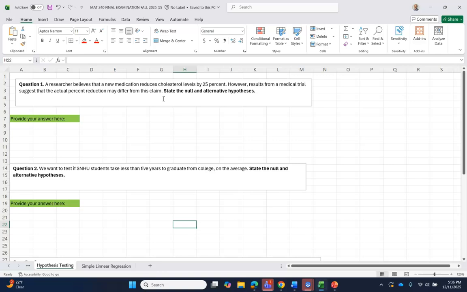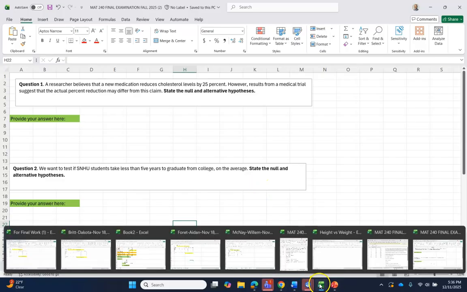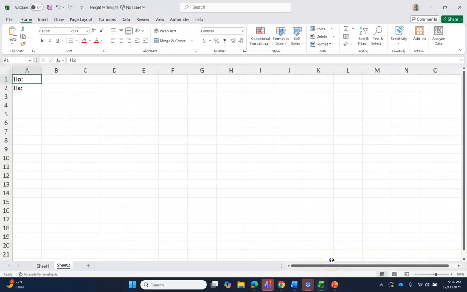The outcome may differ from this claim. That means we may have a little bit more or a little bit less, but not exactly 25%. So going back to the first example, we could create a hypothesis as follows.